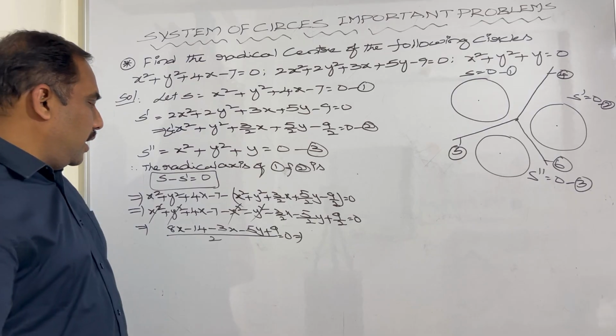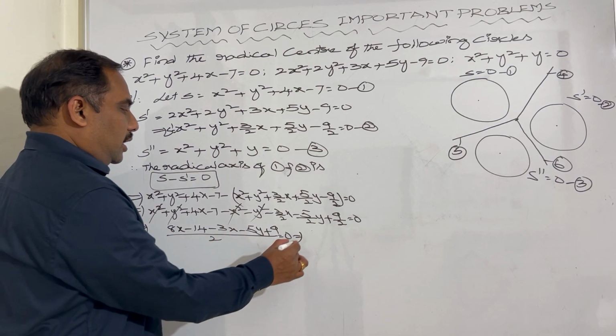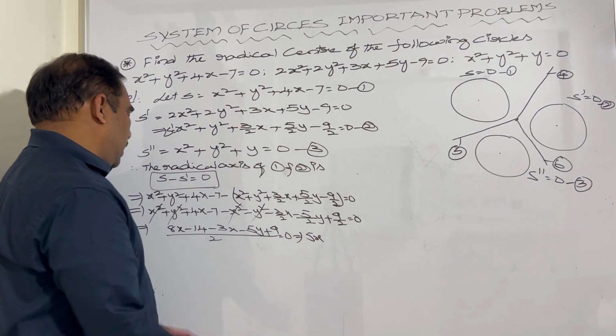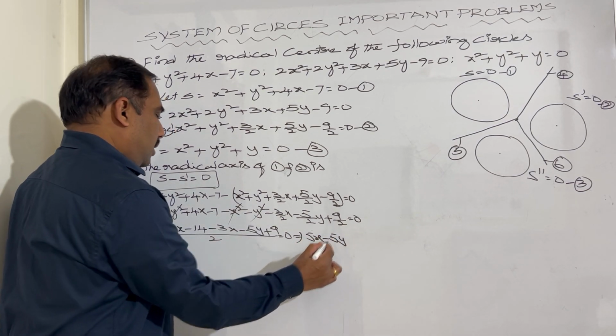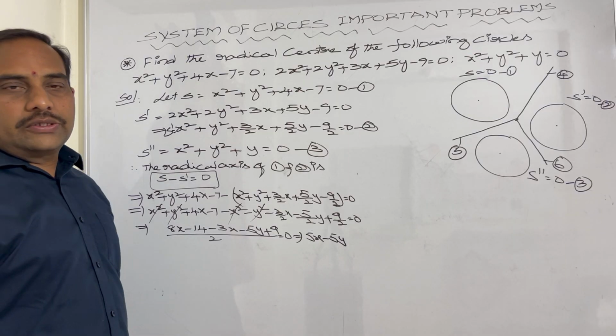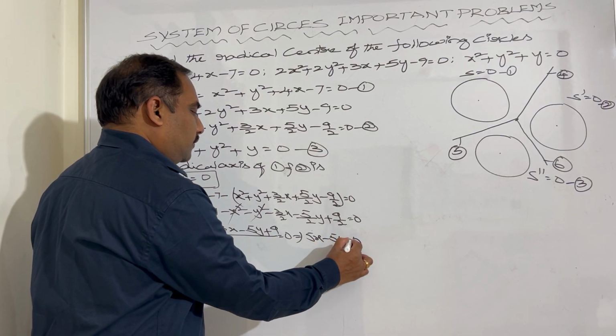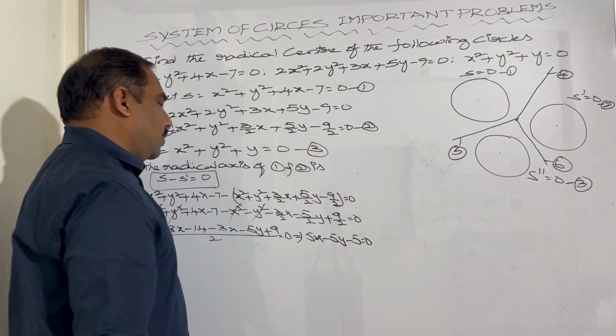Finally, if you simplify, we get 8x minus 3x is 5x, and minus 5y, and minus 14 plus 9, which is minus 5, which is equal to 0.